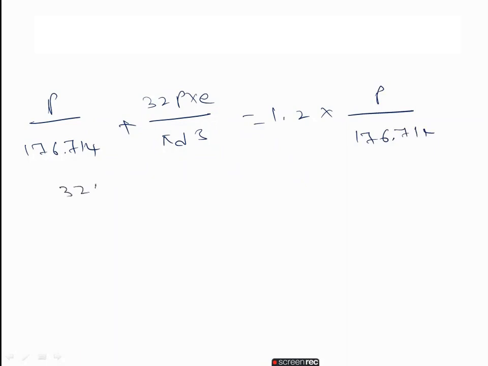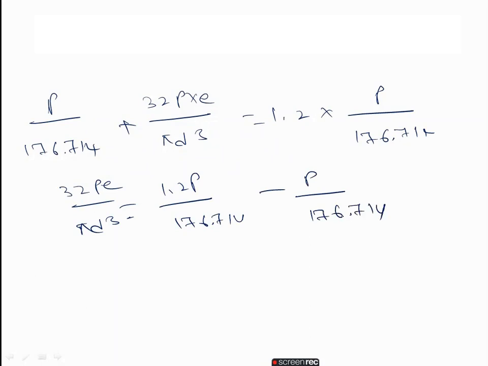If I calculate this, you see 32 PE by pi D cube equal to 1.2 P by 176.714 minus P by 176.714. Next, 32 PE by pi D cube equals 0.2 P by 176.714.